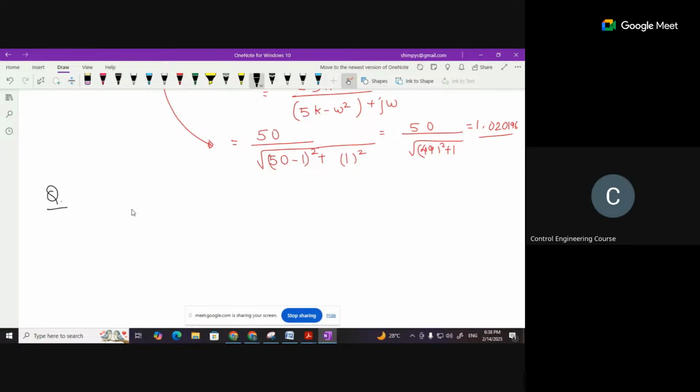Here, we have been given a closed loop configuration. Just see this.